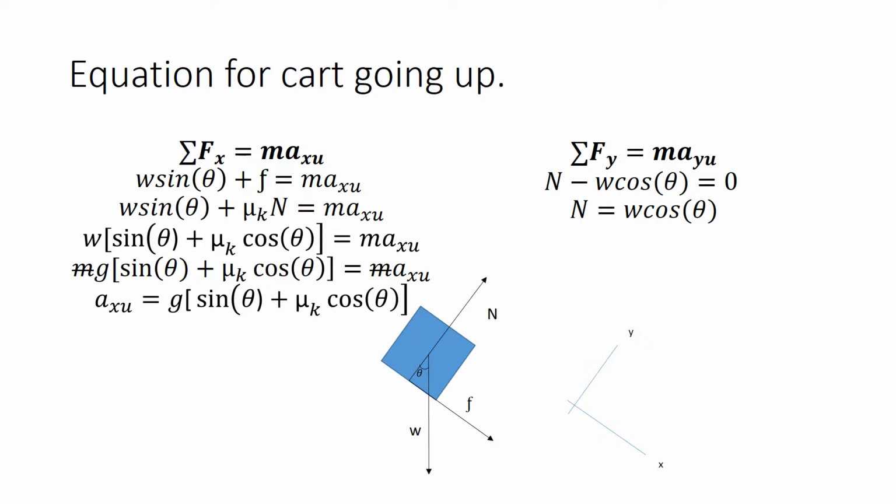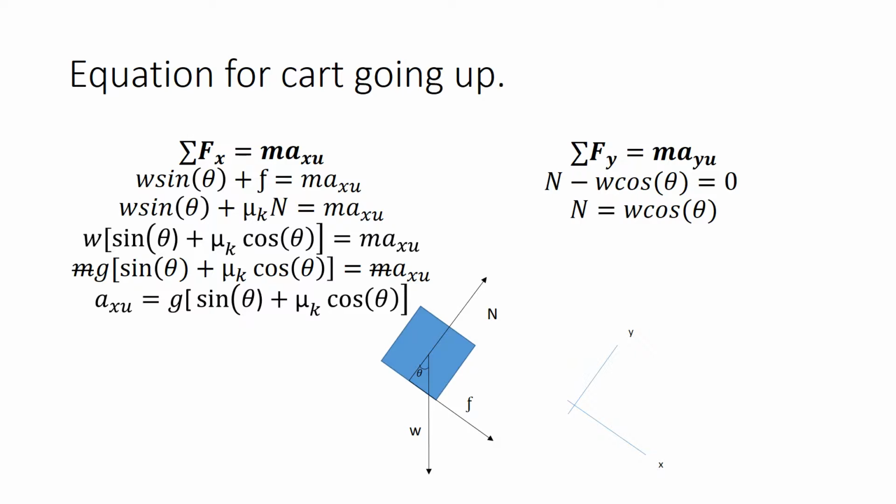Substituting mu k N in again for force of friction, we got w sine theta plus mu k N equals max in the up direction. With substituting normal force for weight cosine theta, we pulled the w out again, equaling w times sine theta plus mu k cosine theta equals max in the up direction.